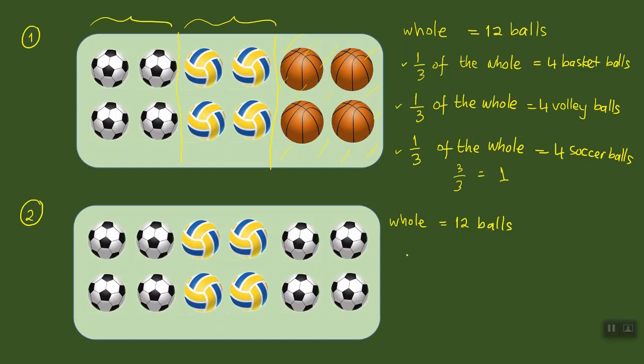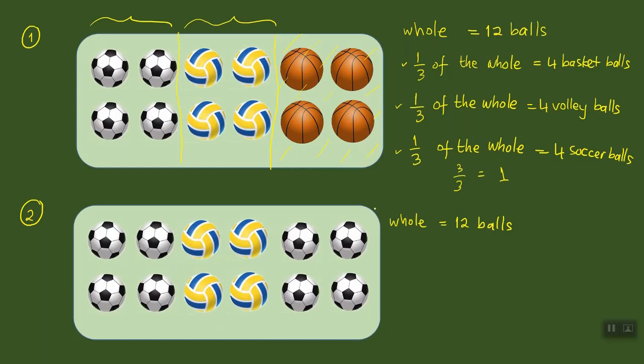In number 2, there are no basketballs, so some part of the whole is volleyballs and some other part is soccer balls. Please think, what fraction of the whole is the soccer balls?